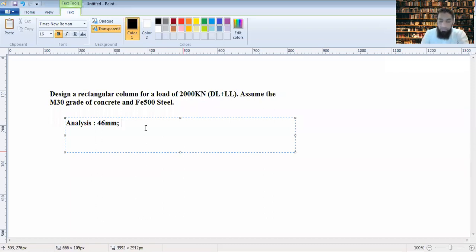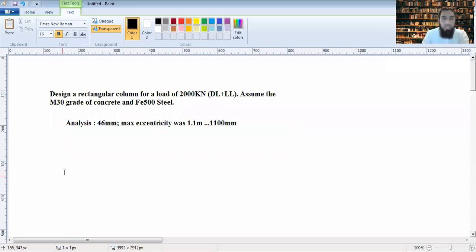And then we came to know the maximum eccentricity for this column was how much? 1.1 meter, 1100 mm. You can check whether it was 1.1 meter or something different. That we obtained from the design strength.